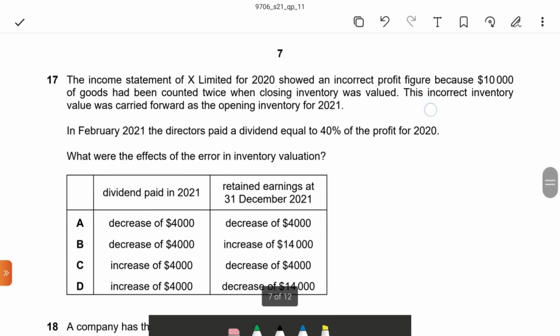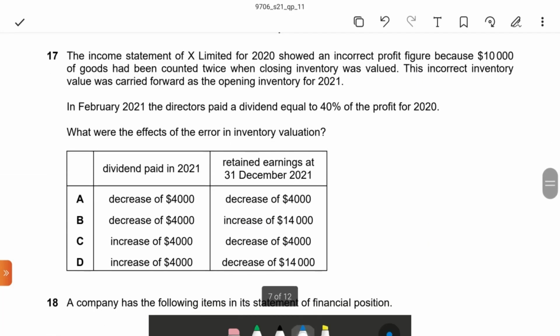Next, question 17. The income statement of X Limited for 2020 showed an incorrect profit figure because 10,000 of goods had been counted twice when the closing inventory was valued.